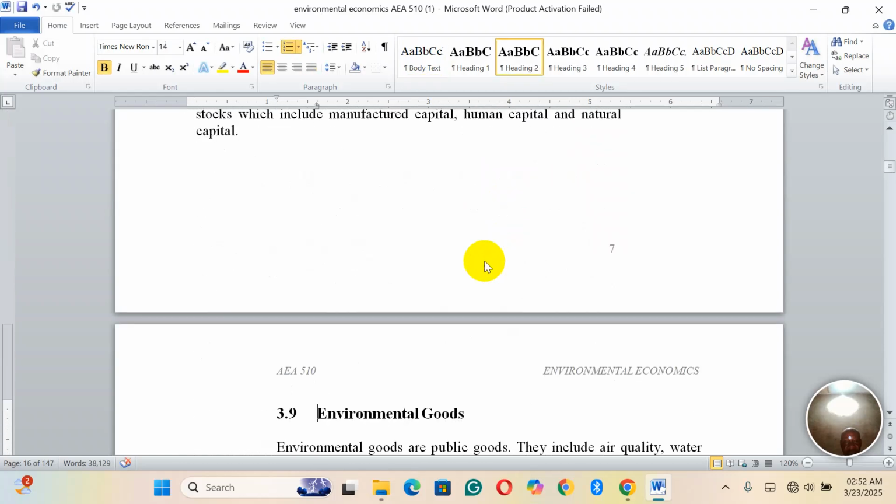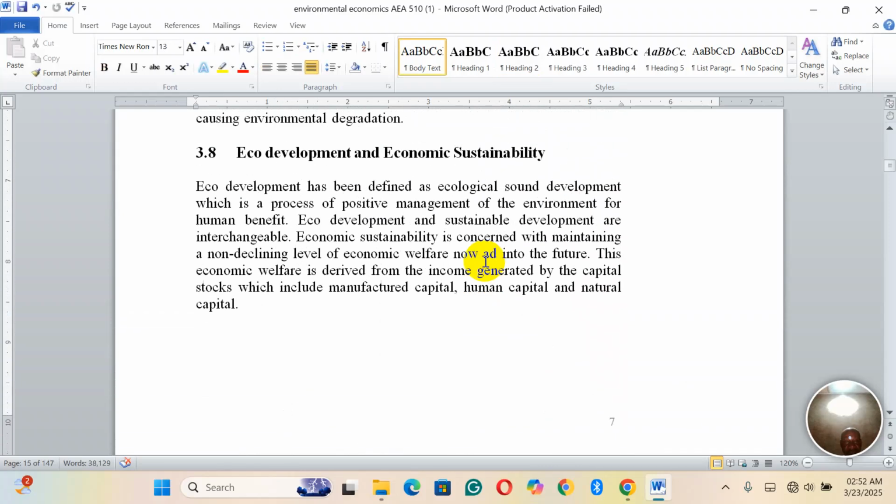And we're looking also at eco-development and economic sustainability. Eco-development has been defined as an ecologically sound process of positive management of the environment for human benefit.